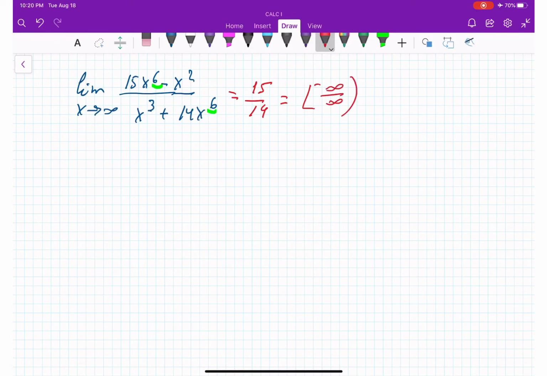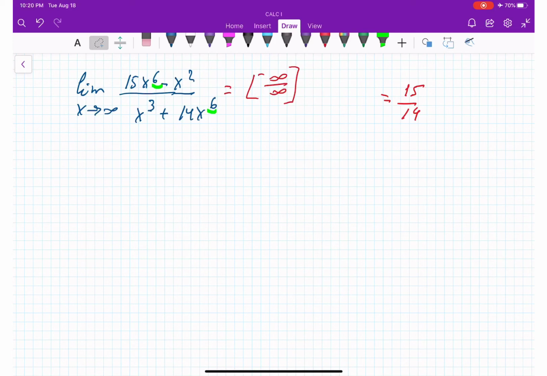Let me do this way. First we identify that it's infinity over infinity. I already knew it, that's why I put the answer right away. How did I know? Because you have only x's here.